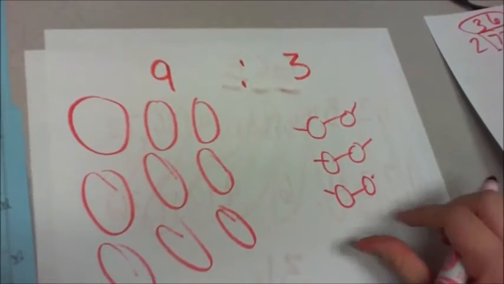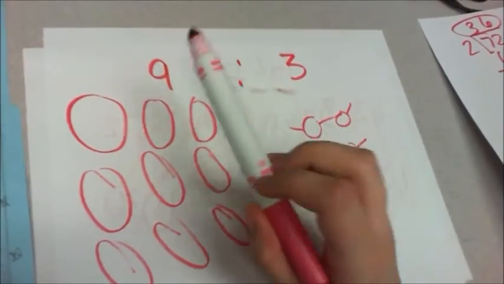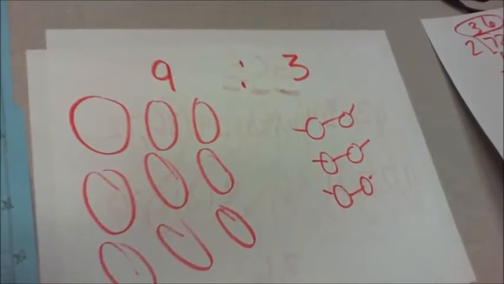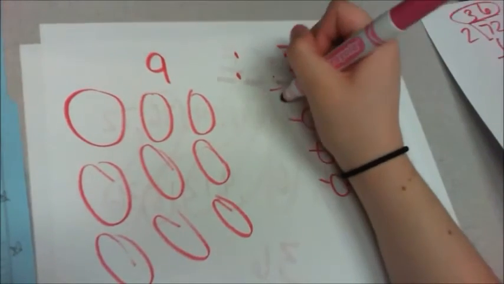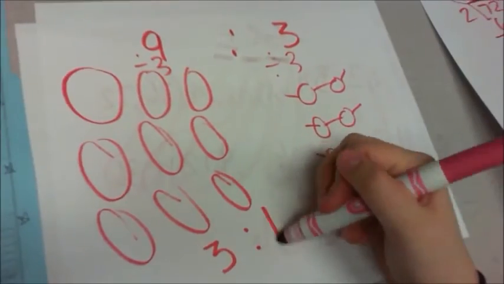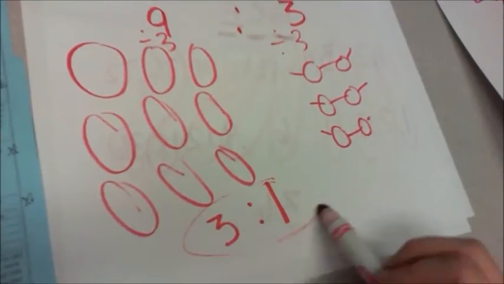But we need this in simplest form. There's a number that goes into both 9 and 3. That number is 3. So let's divide each by 3. 3 goes into 9 3 times. 3 goes into 3 1 time. So the simplified ratio is 3 to 1.